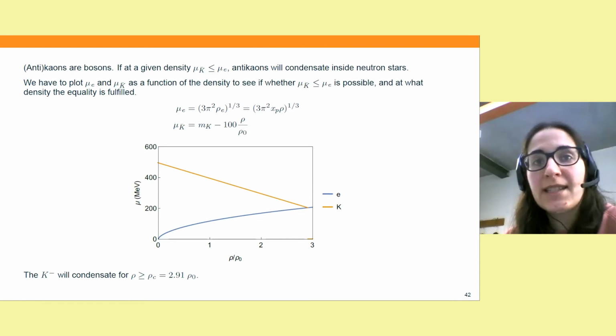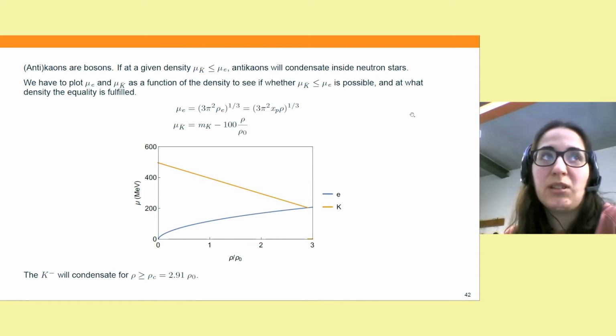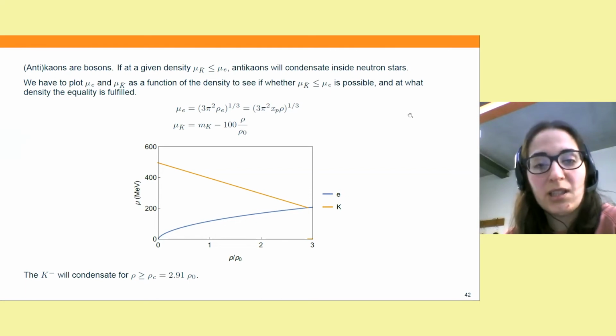Well, pion condensation has been discussed in the past, and I really don't know much about it, but some people discussed at the beginning, some decades ago, that it could happen, but then it was shown that it cannot happen inside neutron stars. I don't remember the reason why, but pion condensation is quite complicated to reach in neutron stars.